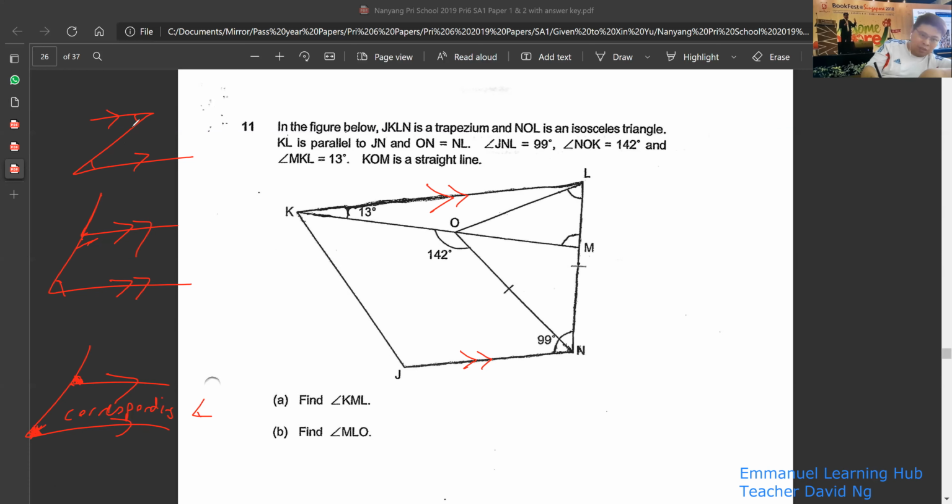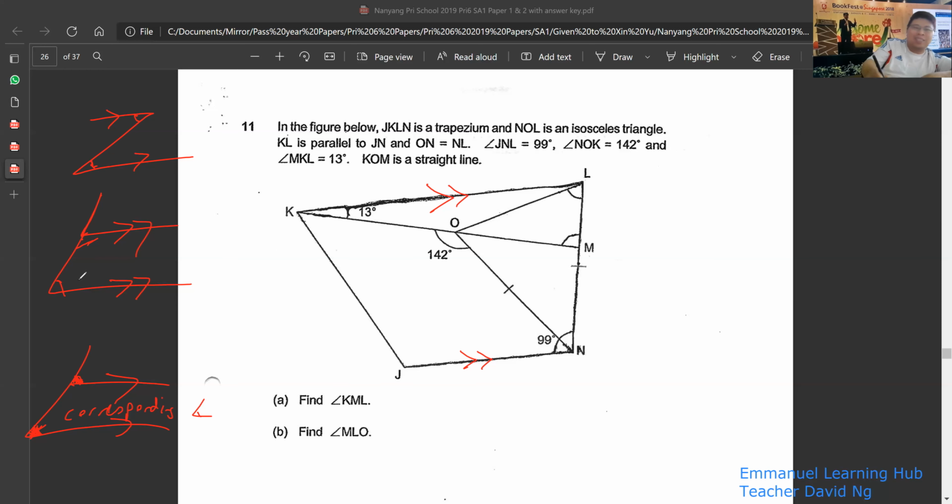How about this one? Looks like a Z. These two angles are known as what? They are called what? I know during exam you don't have to give reasons, but you need to know the terms.